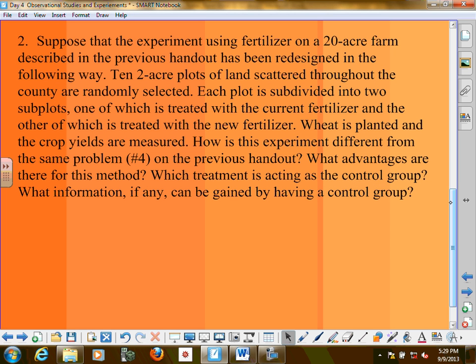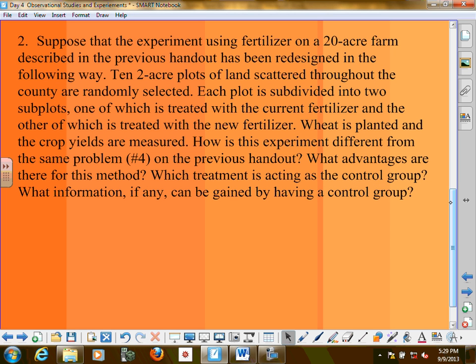So basically, that problem, number 4 that we skipped on our previous information, was this. We wish to determine whether or not a new type of fertilizer is more effective than the other, so the researchers divided a 20-acre farm into 1-acre plots. Wheat will be planted on the farm, and at the end of the growing season, the number of bushels harvested will be measured. How will you assign the plots?